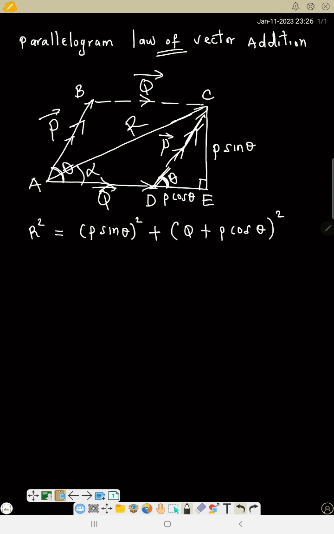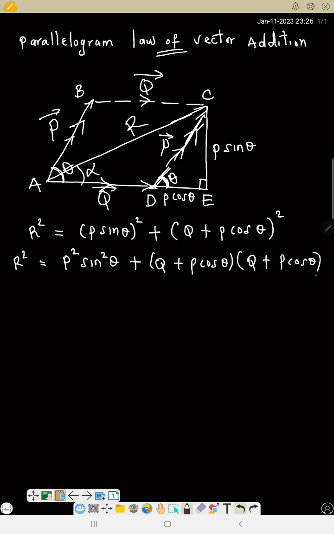Now if we solve this, r square is equal to p square sin square theta plus q square. So we have to expand this one twice. That will be q plus p cos theta, another q plus p cos theta.